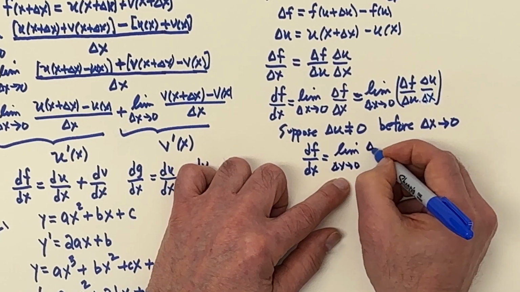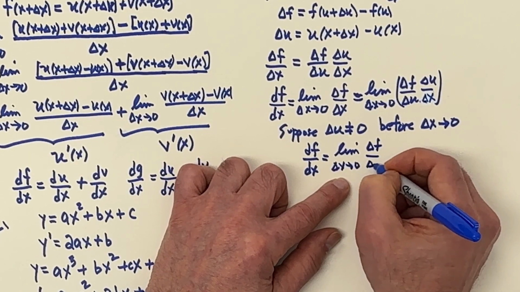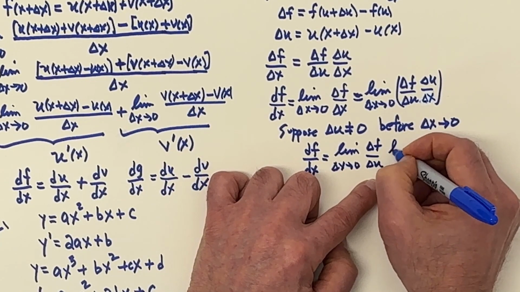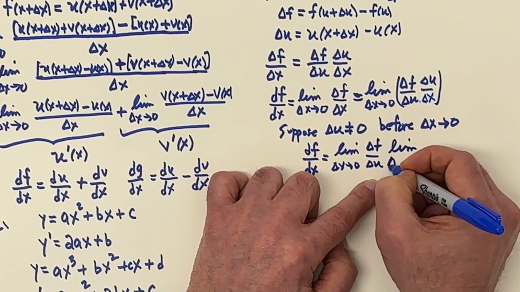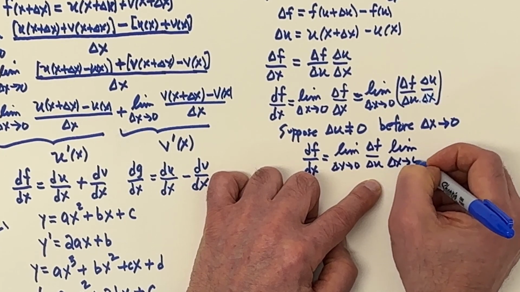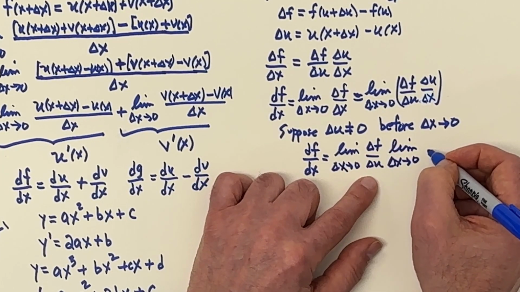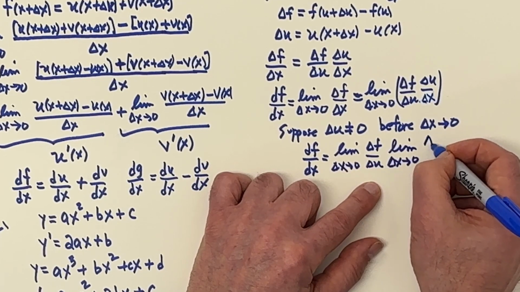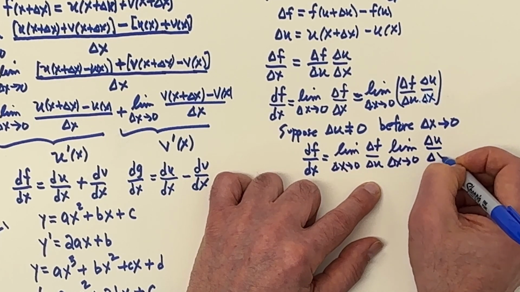So if we do that, we would then write the limit as delta x goes to 0 of delta f over delta u, times the limit as delta x goes to 0 of delta u over delta x.